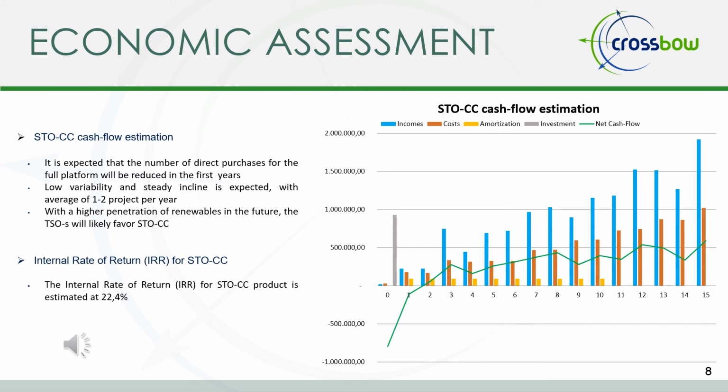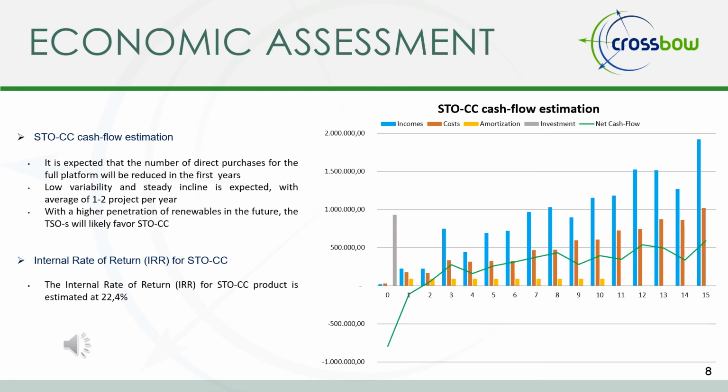On this slide, we'll present the economic assessment of the STO-CC tool. For this, we created a STO-CC cash flow estimation chart, which can be seen on the right-hand side of the slide.